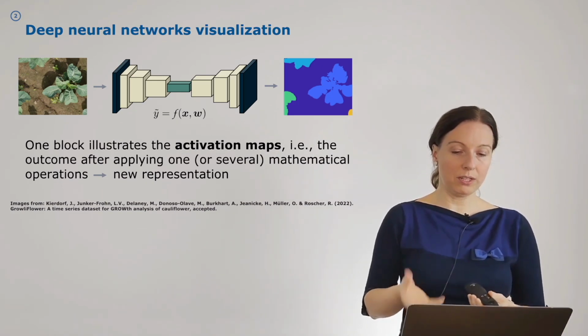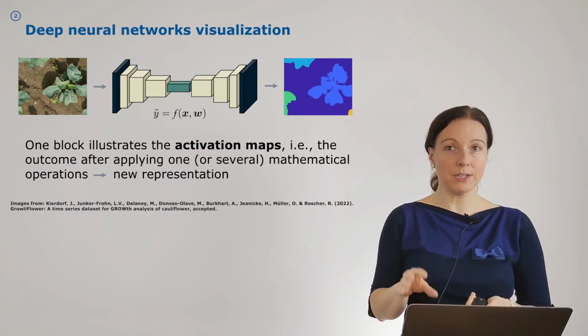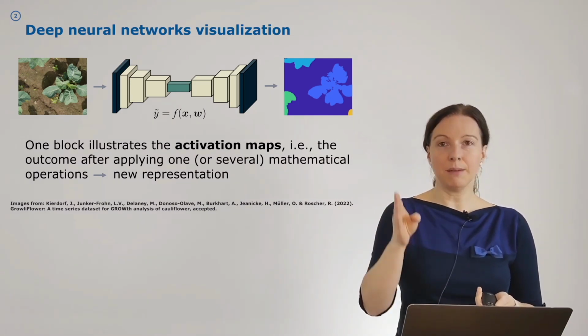So one position in the input layer is an RGB pixel value. That means the dimension of the input layer is the height and the width of the image times 3, because we have RGB.